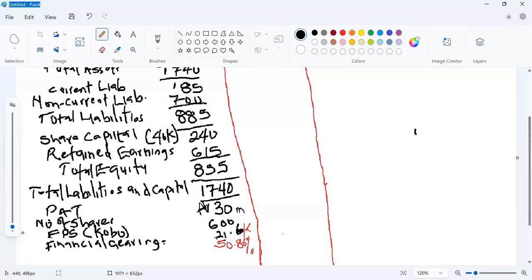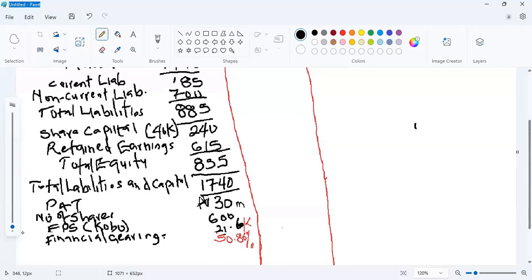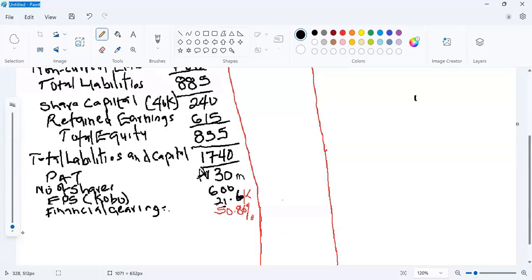That will give us 21.6 kobo. Then financial gearing. The examiner says our financial gearing is total debt over total assets.